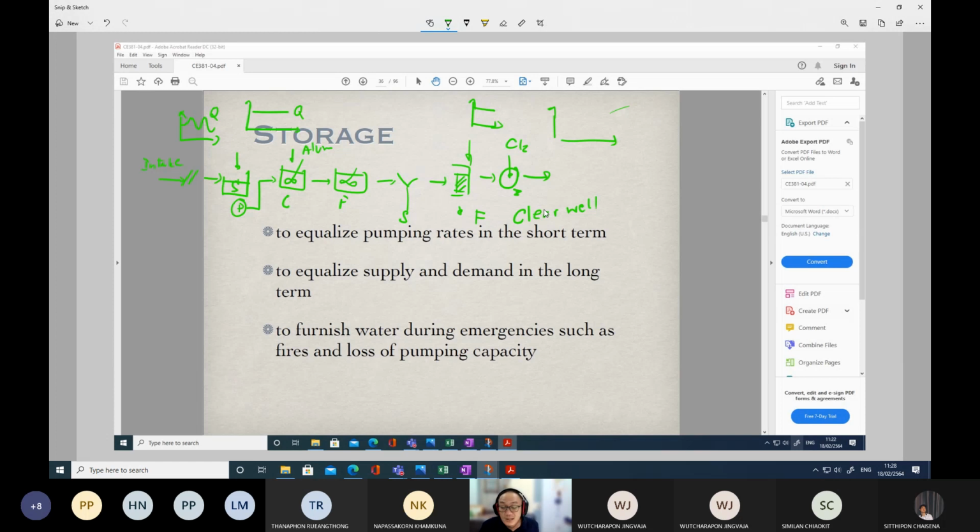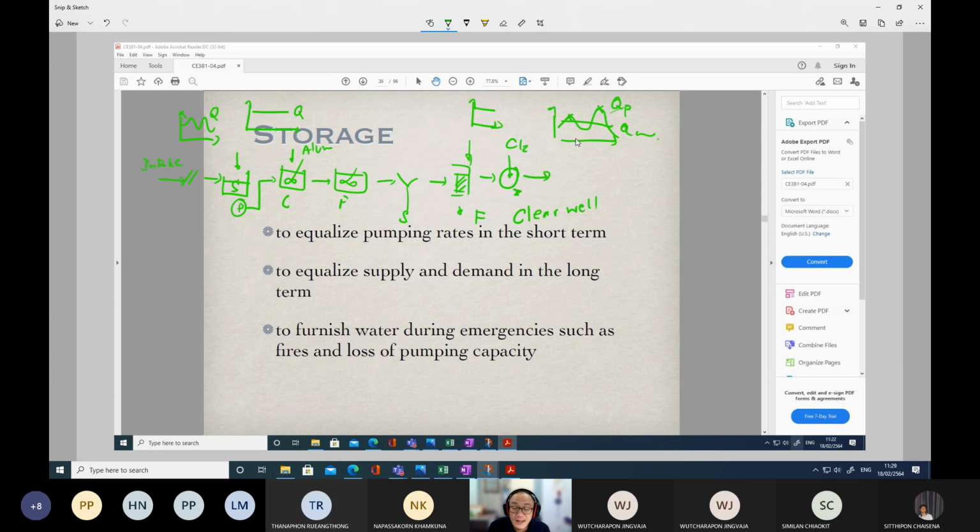The community households don't use the water all the time. Sometimes they use it, sometimes they don't. Then the water use becomes like this. Just like what we talked about previously, there is a Q peak and a Q average.